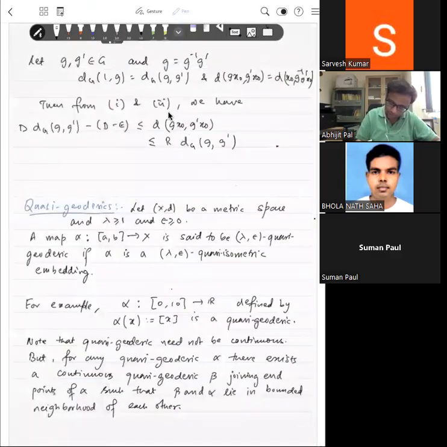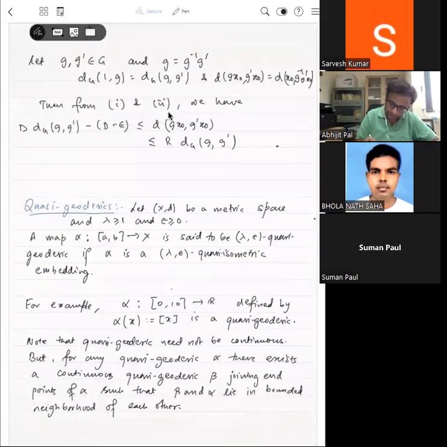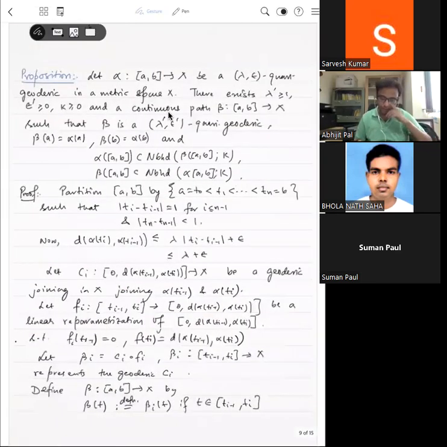Okay. So here I have defined, in this note, this lambda epsilon quasi-geodesic. So that example I have given here. Okay. Yeah. So this proposition, I have already shared in that Google document. So what it is saying is the following.